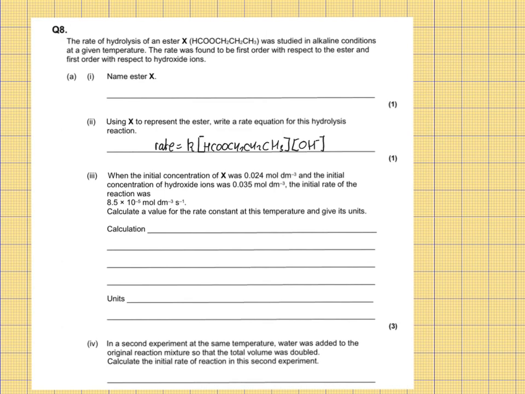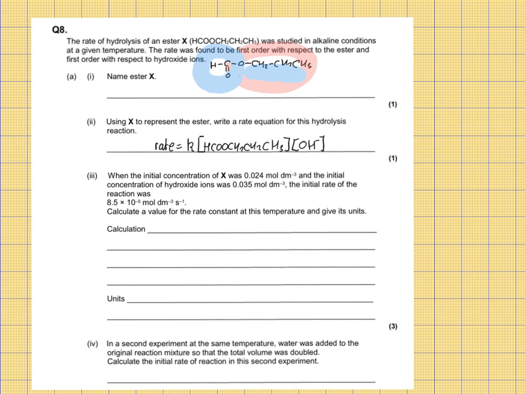Okay, let's name the ester. The first thing you must do is to draw out the full structure of the ester. Remember, an ester comes from an alcohol, which is this part here, condensed with a carboxylic acid, which is this part here. So the name of this ester comes from the alcohol, and the stem of the alcohol is propyl because there are 3 carbons.